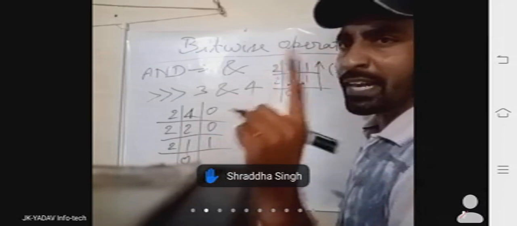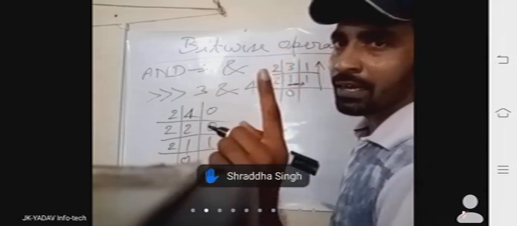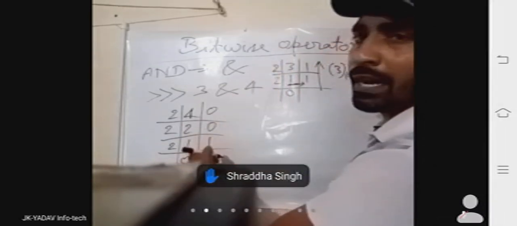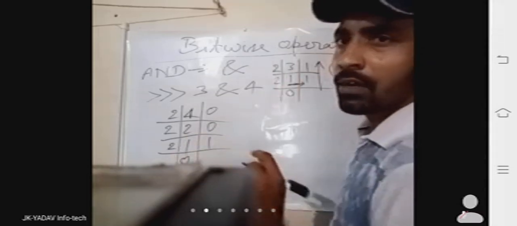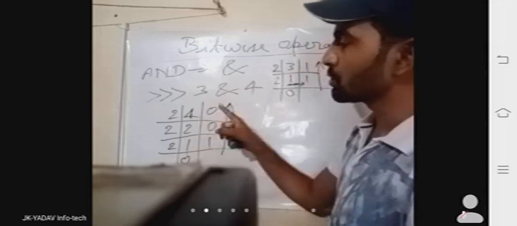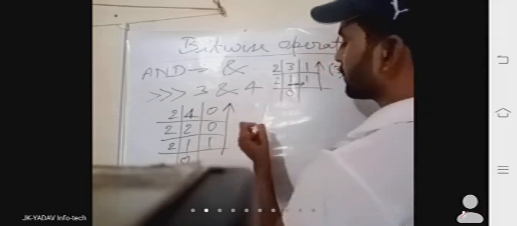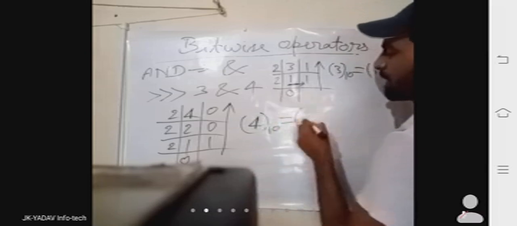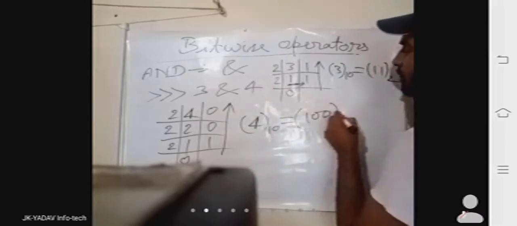Till the last, 1 remainder is always left, because 1 is not divided by any number, so it is left as the remainder. To find the binary, you have to count from the downside to upside. So the binary of 4 is 100. So 4 of decimal is 100 of binary.